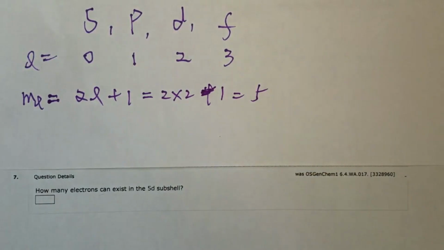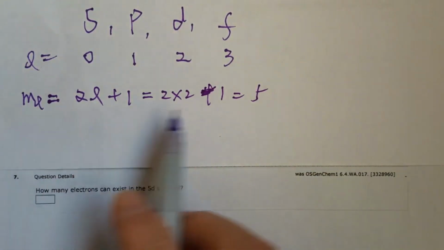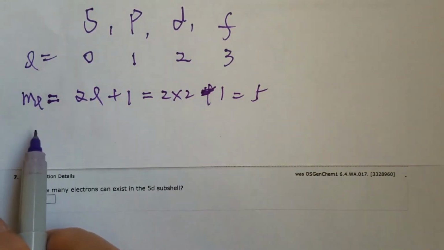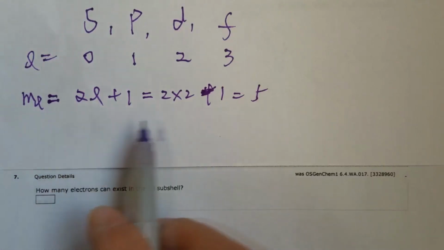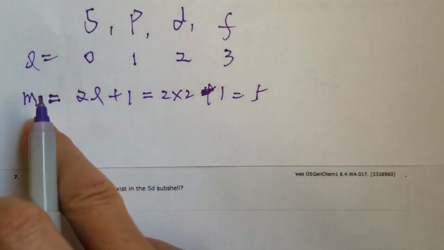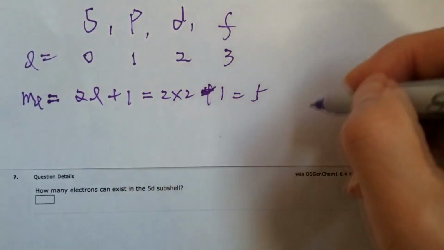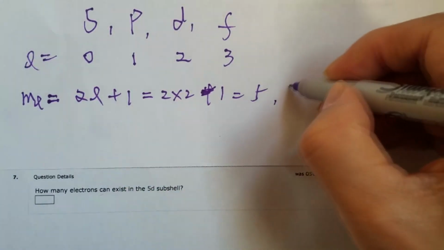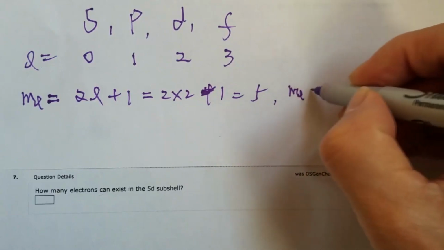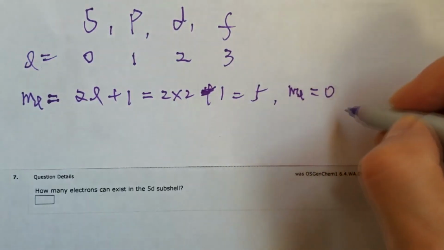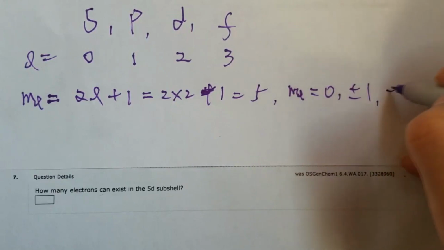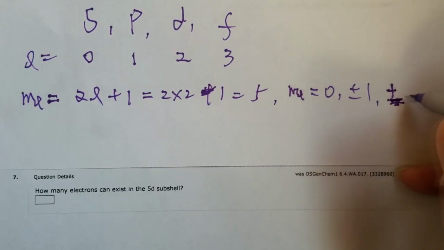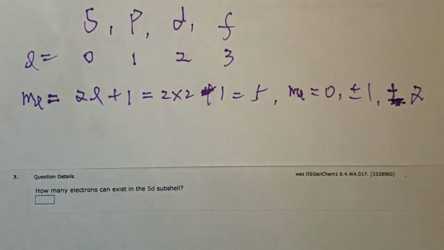So now we have 5 ML values, and that also means we have 5 orbitals. And those 5 ML values, what are they? As we learned in class, 0, plus or minus 1, plus or minus 2 in this case.